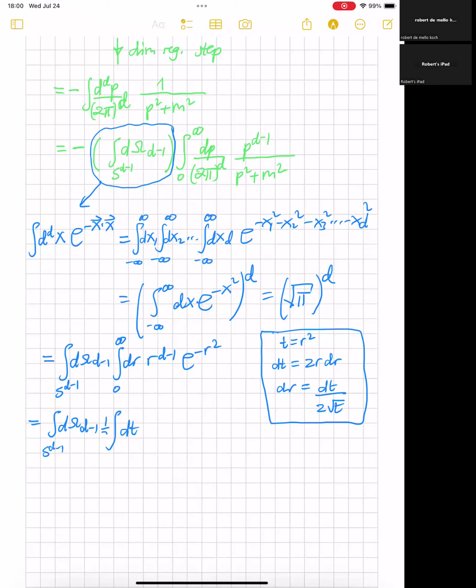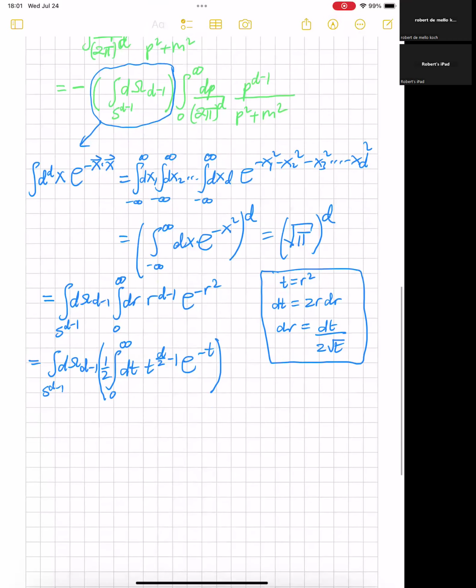So let's take the 1 over 2 out. So we'll have 1/2. When r is 0, t is 0. When r is infinity, t is infinity. So there's an integral from 0 to infinity. Then we will have t to the d over 2 minus 1 over 2. But there's also a minus 1 over 2 from the measure. So we'll have a t to the d over 2 minus 1. And then we'll have an e to the minus t. So I just changed variables. It's a very straightforward computation. I'm sure you will not have a problem.